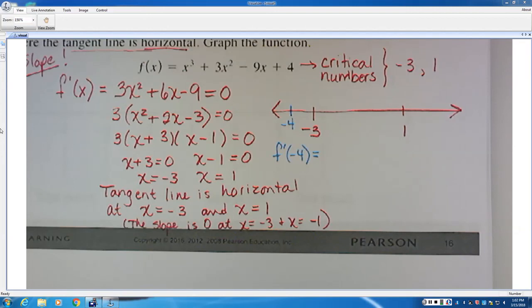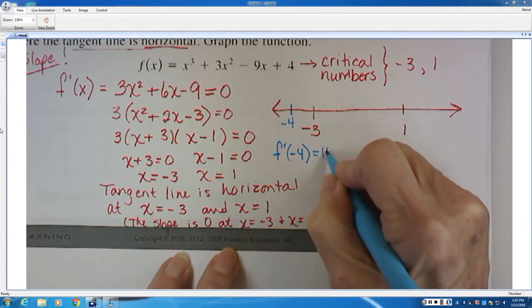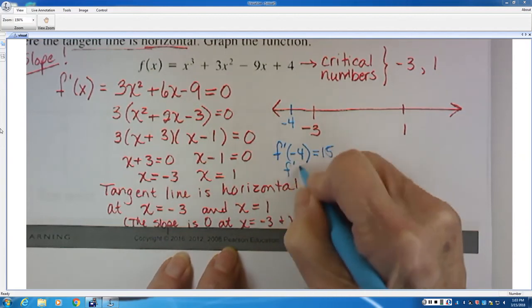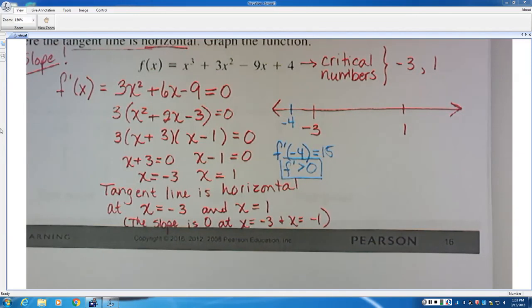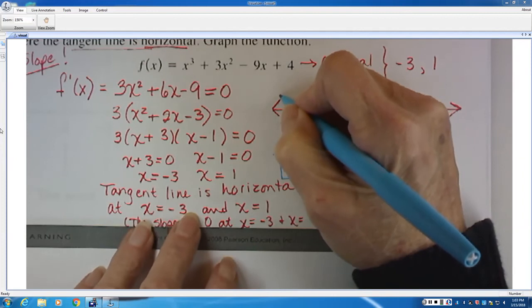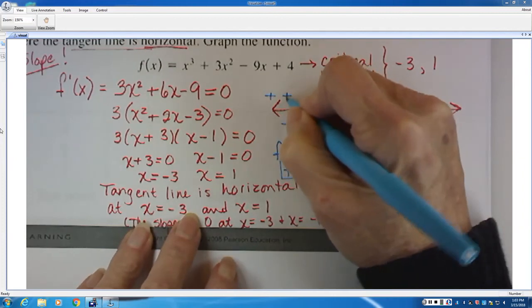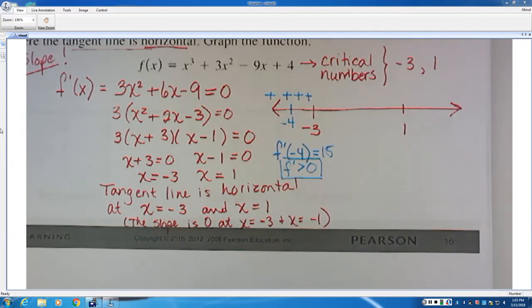Anybody else get 15? Okay, I see a couple of heads nodding. You said 15, not negative 15, right? Okay, the fact that it was 15 really isn't the point. The fact is that it was positive. That was what we were after. It was positive. That means the function is going up until it gets to negative 3.